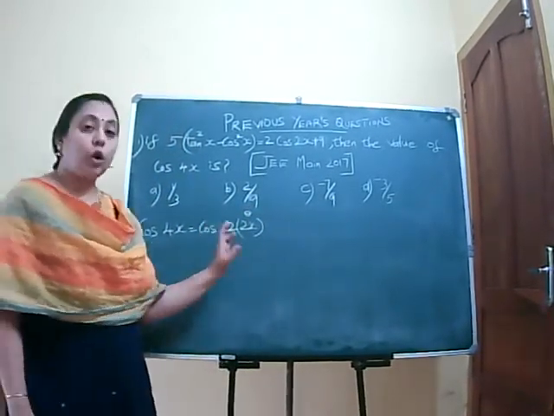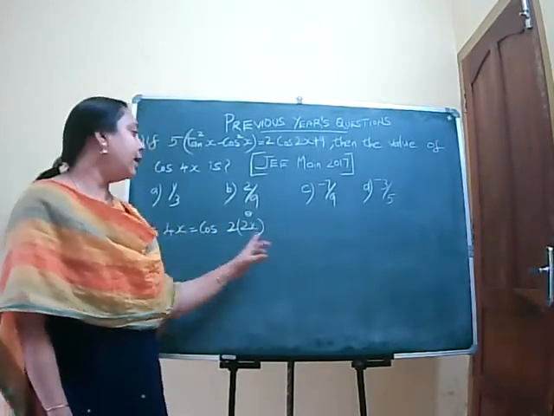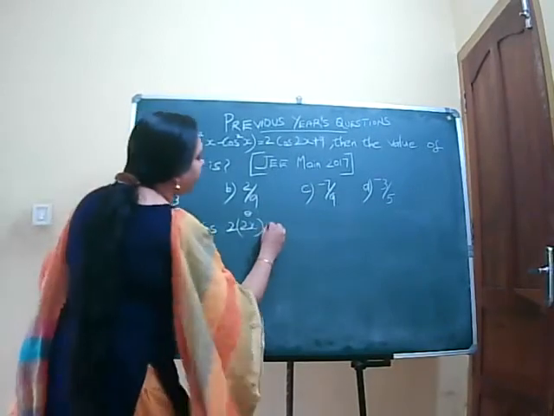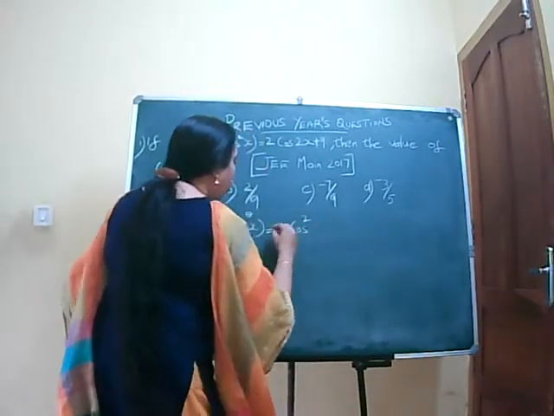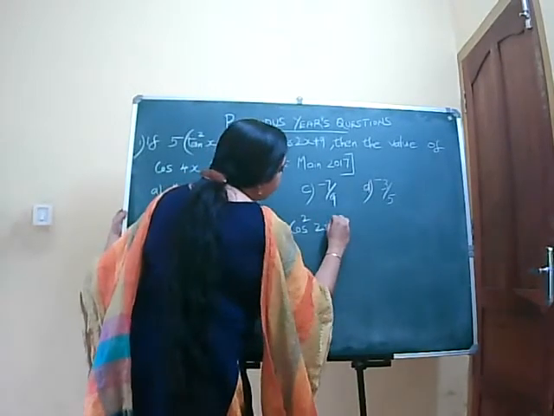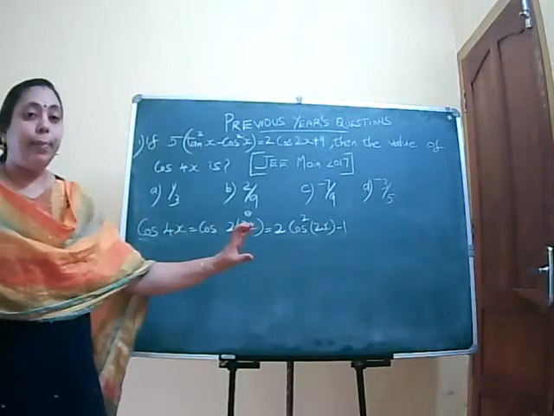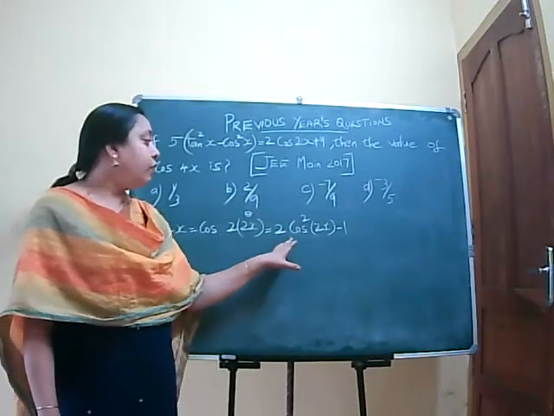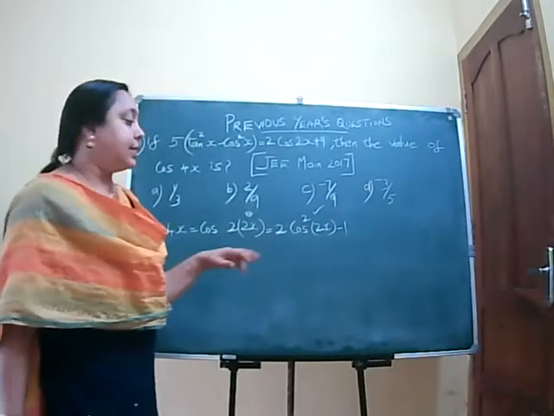We know that cos 2 theta is 2 cos square theta minus 1. So this becomes 2 cos square 2x minus 1. To apply this formula, we should get the value of cos 2x.